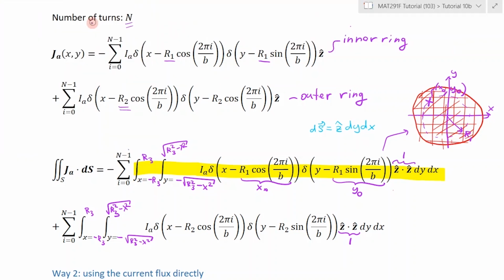Because we know that when we take the integral of a delta function, shifted, from x1 to x2, y1 to y2, so you see this is just a rectangle now, delta x minus x naught, delta y minus y naught, dy dx, this integral can be separated into two.